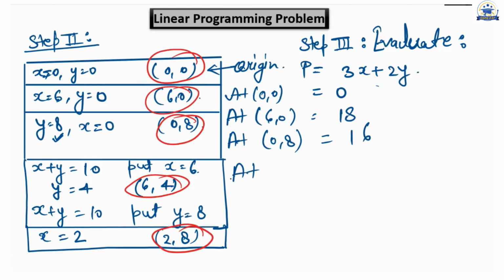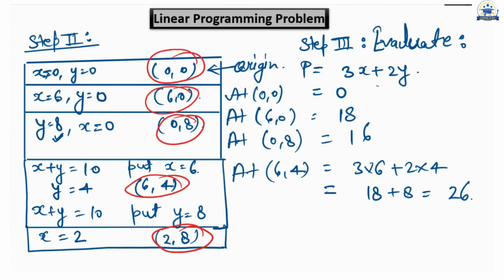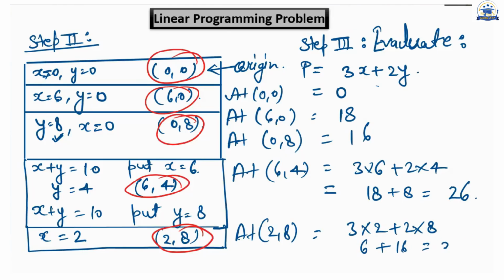Now at 6, 4, 3 times 6 plus 2 times 4. How much is it? 18, 8. How much? 26, right? And at coordinate 2, 8, 3 times 2 plus 2 times 8. 3 times 2, 6. 2 times 8, 16, 22.